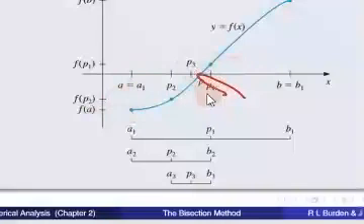Then this is our B, and we divide this interval into two subintervals like this, and this is the midpoint of this interval, right? And P2 is the midpoint of A sub 1 and B sub 1, like that. We divide into two equal-sized subintervals, right?